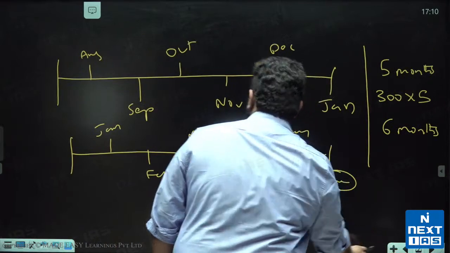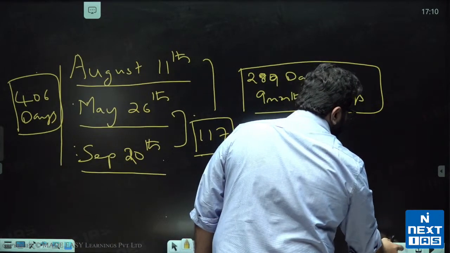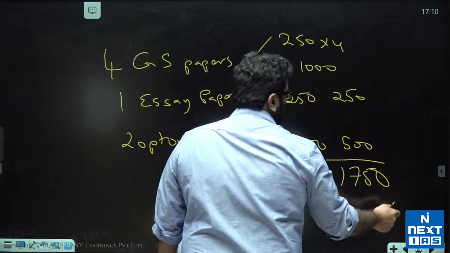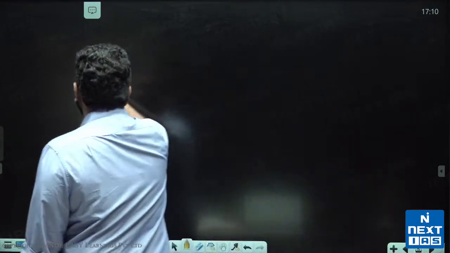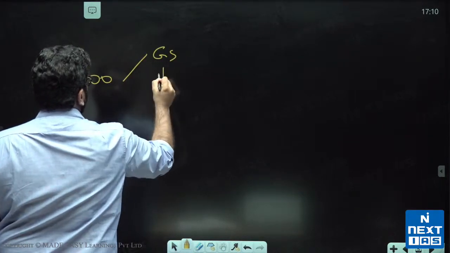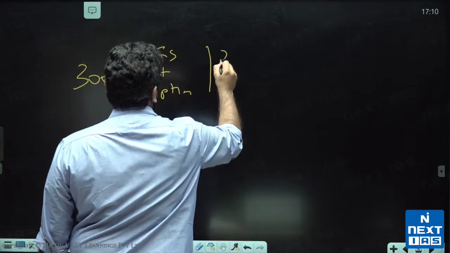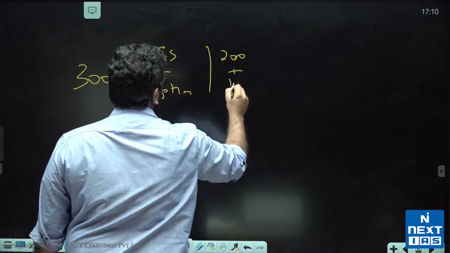Why I am breaking this into smaller parts and composition is that when you have to achieve 300 marks every month, this will be a composition of GS plus optional, right? Most likely it will be 200 marks of GS plus 100 marks of optional.